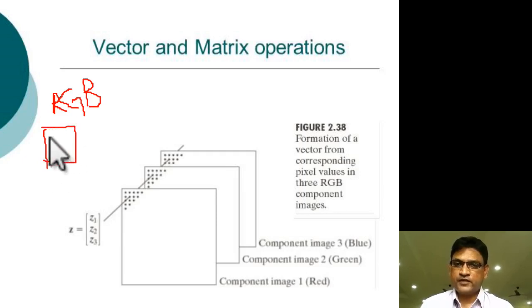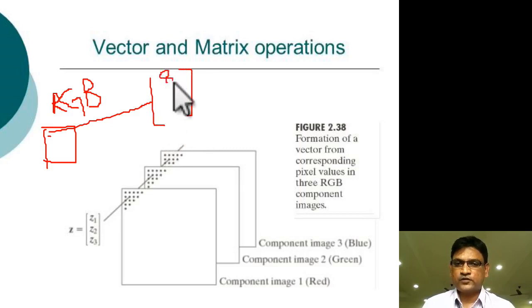Now every pixel will be represented as a vector, a small R component, small G component, and a B component. The same thing we have done here. Z1 stands for red component, Z2 stands for green component, and Z3 stands for blue component.